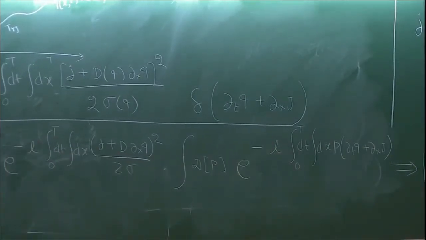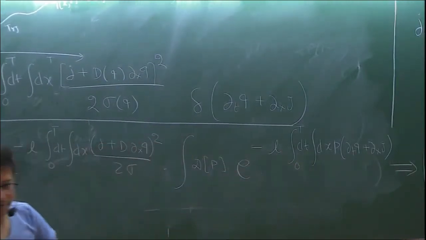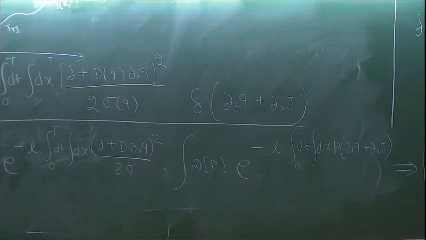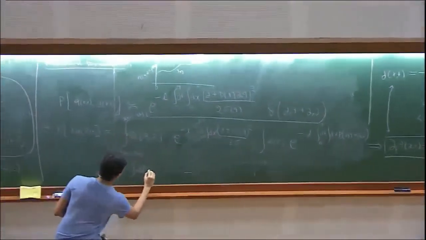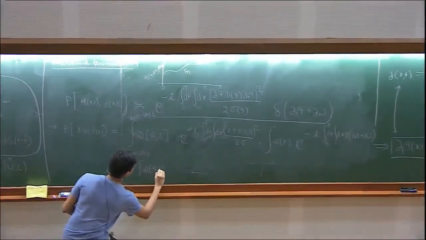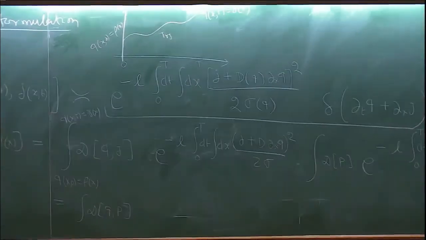The point to note is that the whole term in the exponential is quadratic in the current j. You can do a Gaussian integration. All of you know how to do Gaussian integration. If you just do it, you would end up with a path integral over the q and p variables. p is some arbitrary field, I'm not constraining anything.